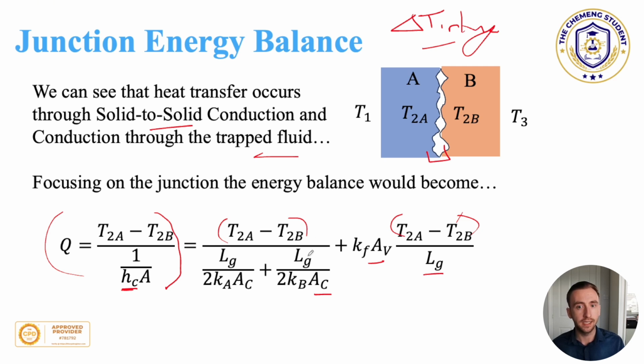But this is just to highlight exactly what is going on within the system. So this is for the fluid and this is for the solid. This here has the greater influence on the value.